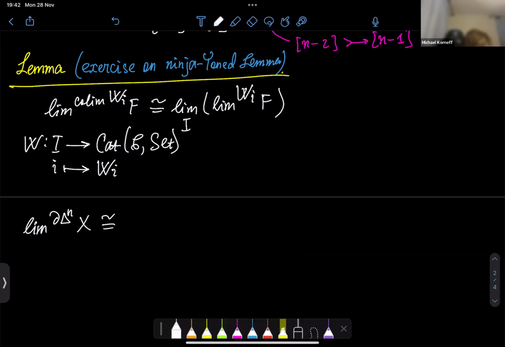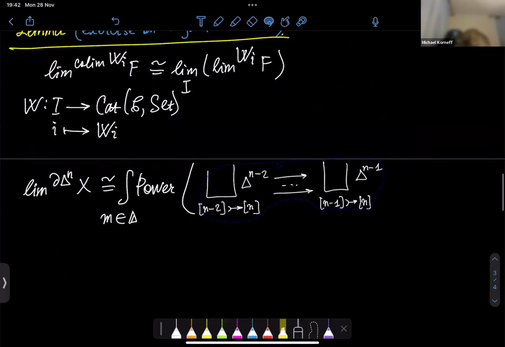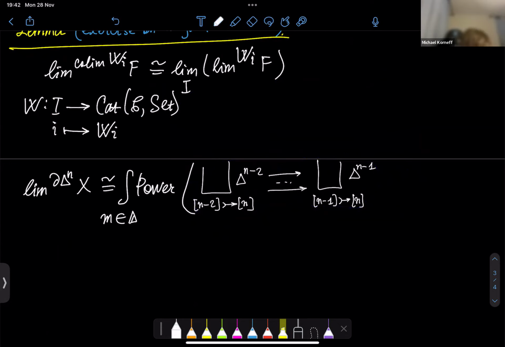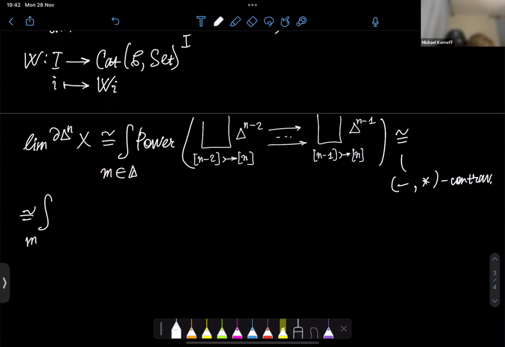So we know that it is just an end of the following thing. Okay, but use the contravariance of this functor. This functor is contravariant. So we have the following isomorphism.